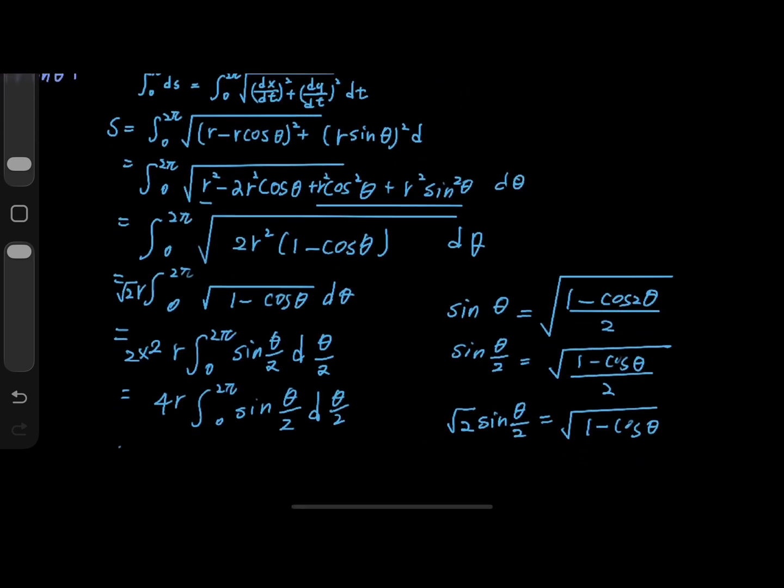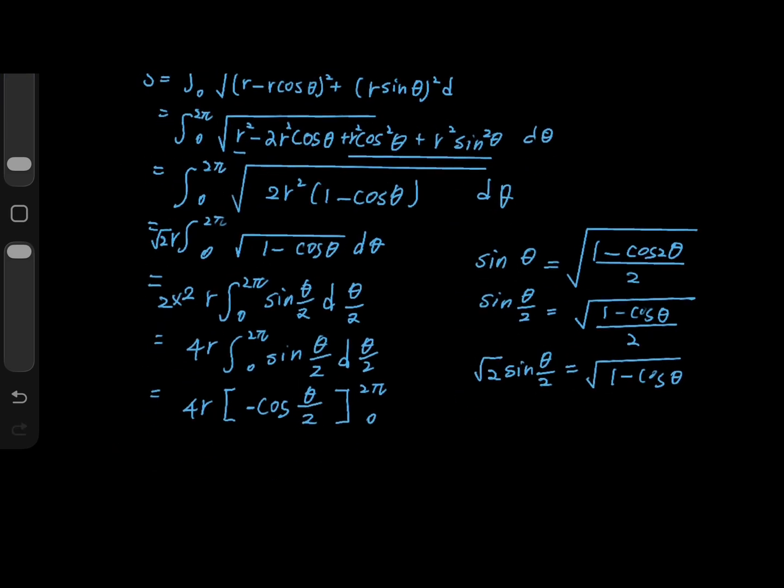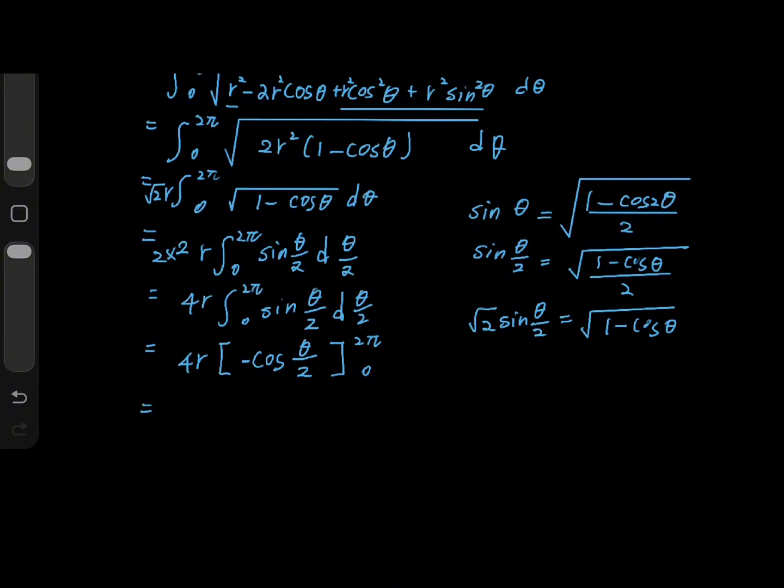So now this becomes very simple. It is minus cosine theta over 2, from 0 to 2 pi. So now it will be 4R times minus cosine pi minus minus cosine 0.